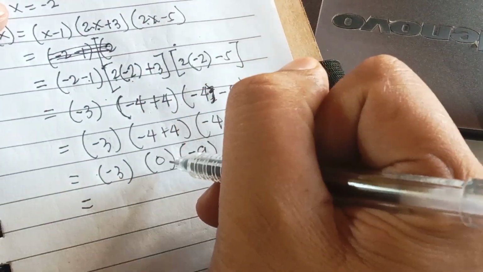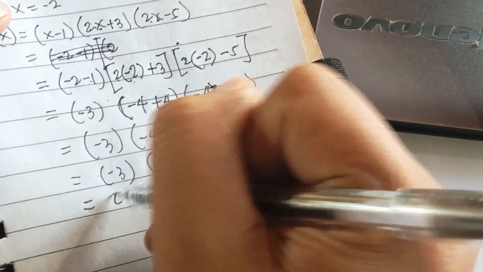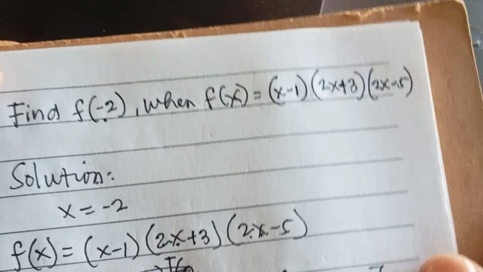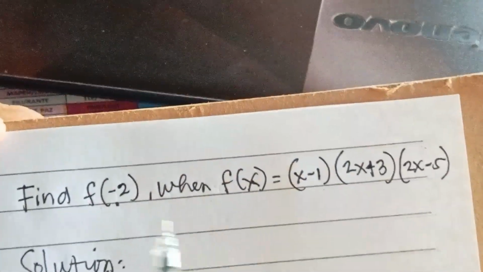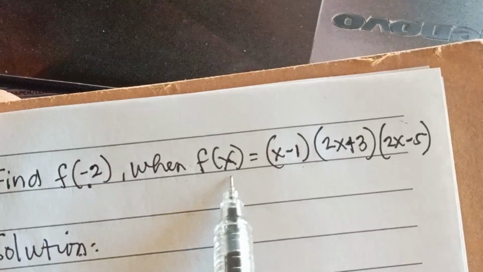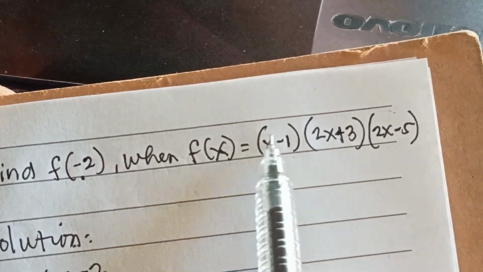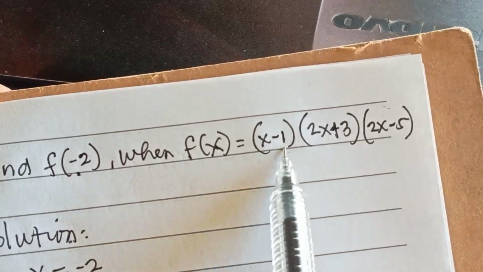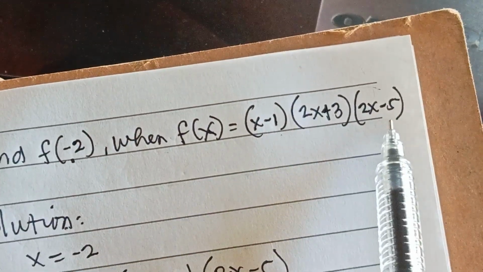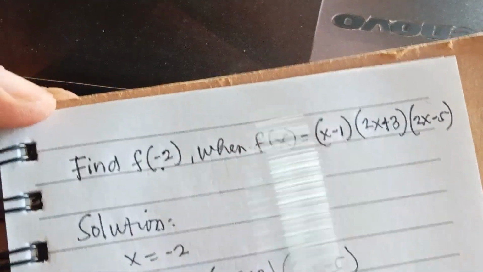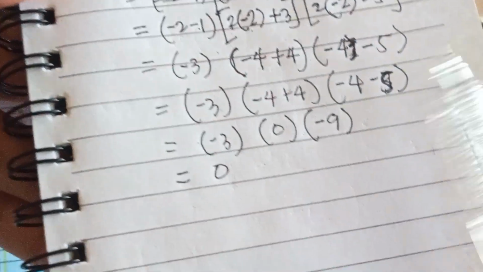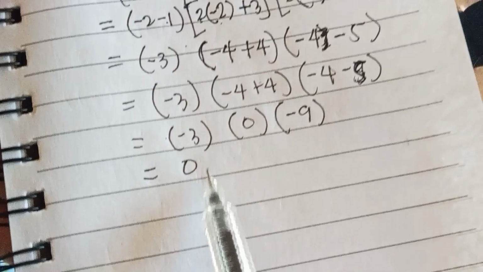So negative 3 times 0 times negative 9, the answer is 0. So therefore, when you find the value of f of x equal to the quantity of x minus 1 times the quantity of 2x plus 3 times the quantity of 2x minus 5, at f of negative 2, the value is simply equal to 0.